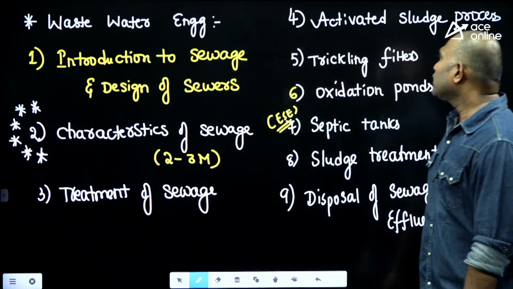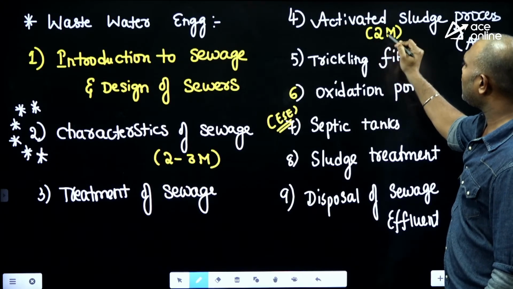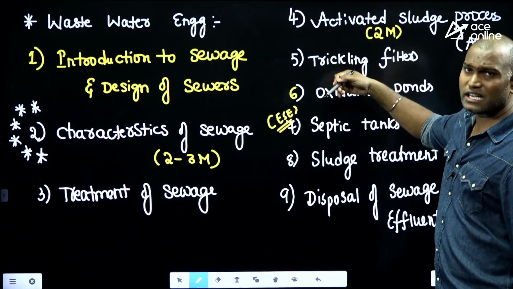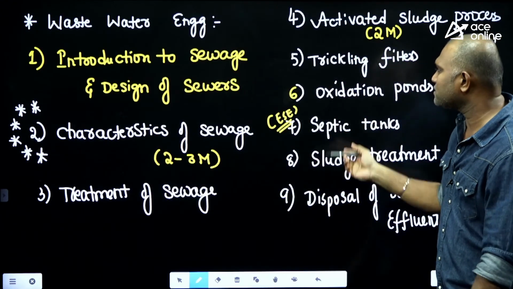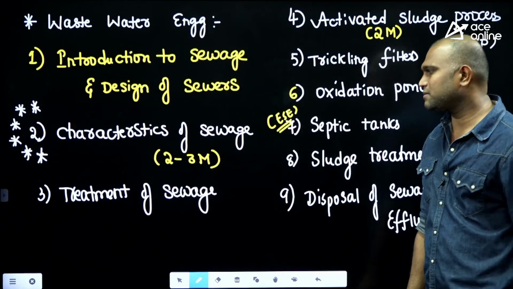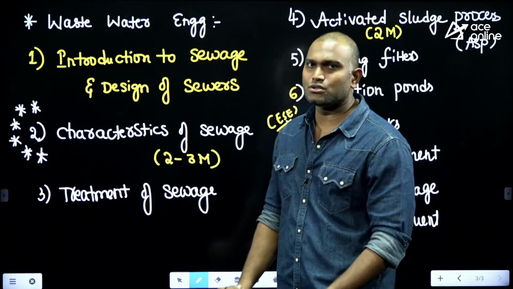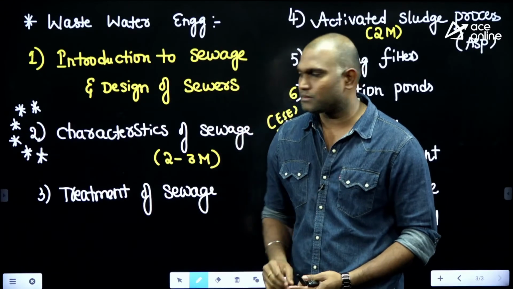After that, the weightage is for the activated sludge process. Again, you can expect 2 marks. Trickling filters, oxidation ponds, there are very limited numbers of questions asked. In trickling filter, only one time a two marks question has appeared. In treatment of sewage also, only 2 or 3 times a 2 marks question appeared in the entire GATE.